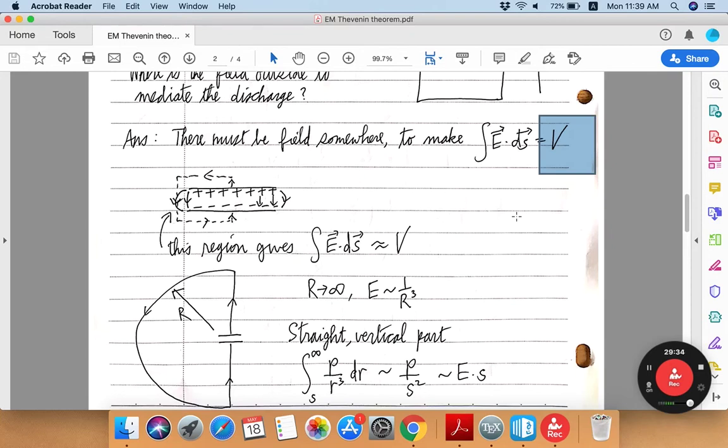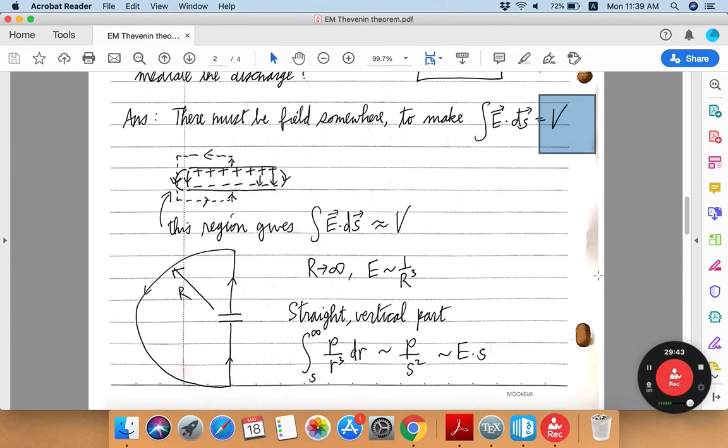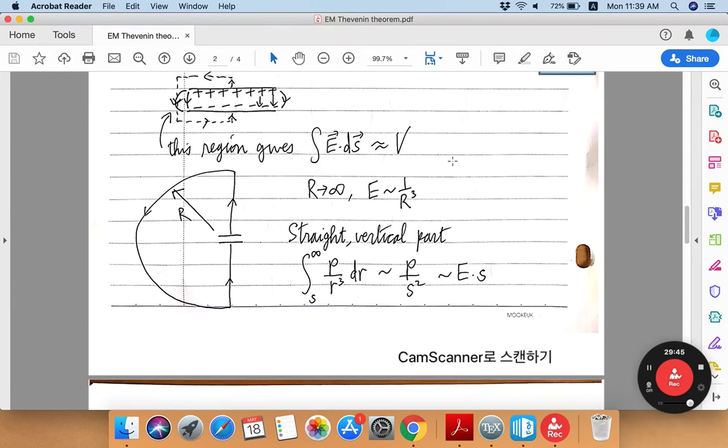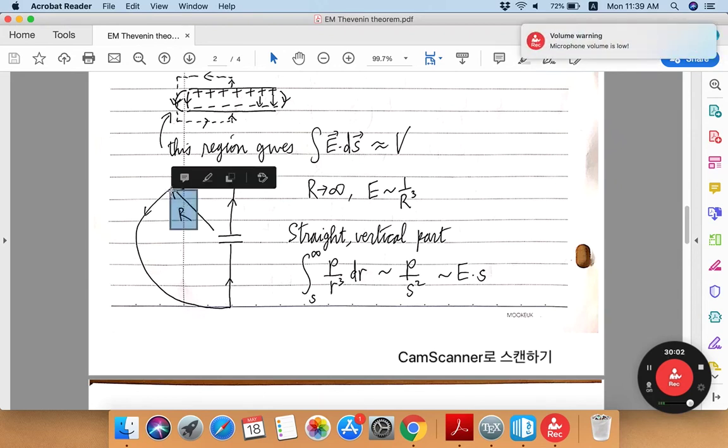But just to make sure that we're not tricking ourselves into believing that what we are saying is right, let's try and consider maybe another path. This time, we're going to choose a path which consists of a very long straight line and a very large semicircle of radius r. And eventually we're going to take this r to go to infinity.